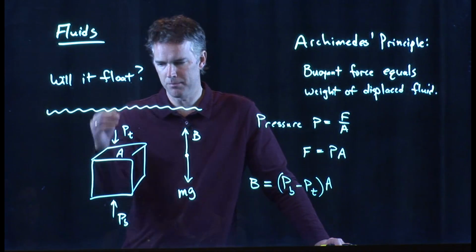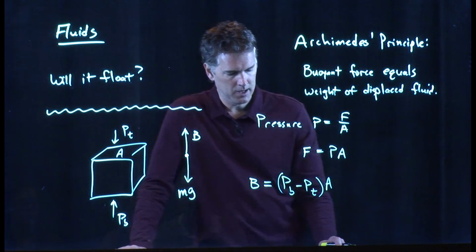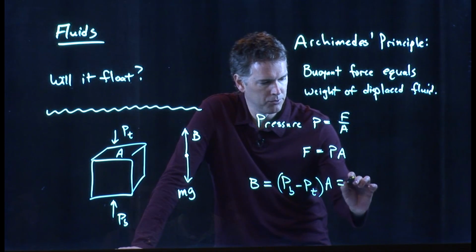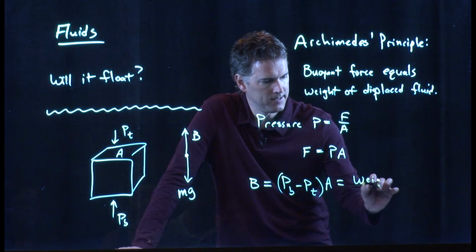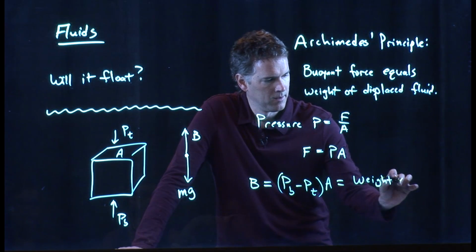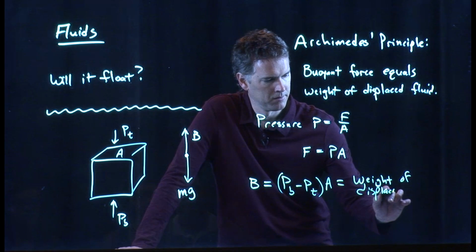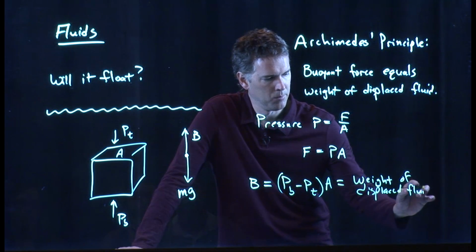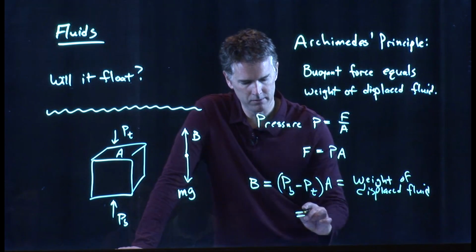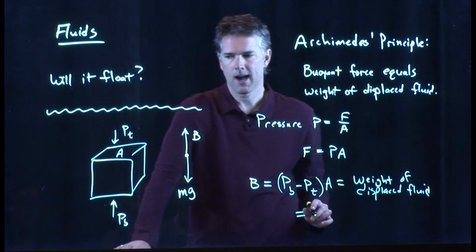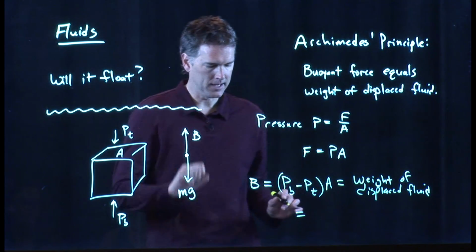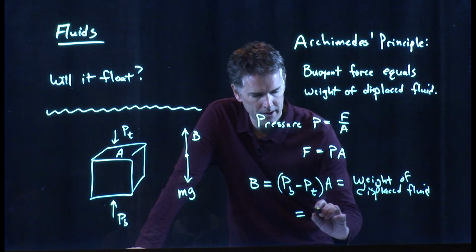PB going up, PT going down, and so this has to be equal to the weight of the displaced fluid. And we know what the weight of the displaced fluid is. It's equal to how big is this box times the density of water.